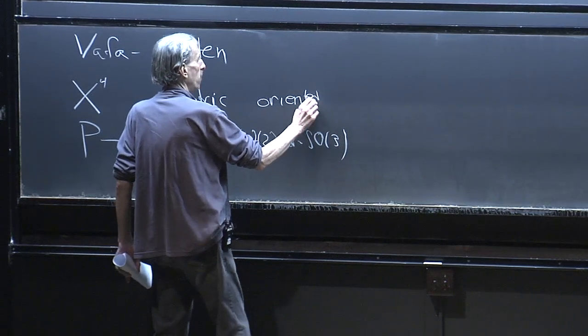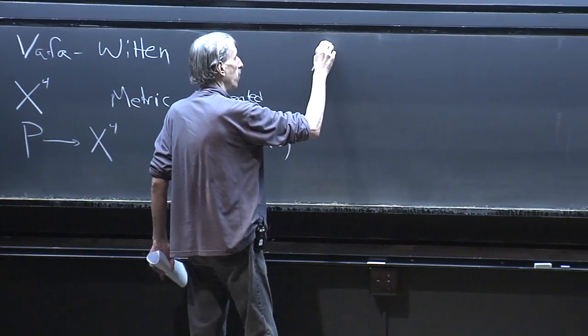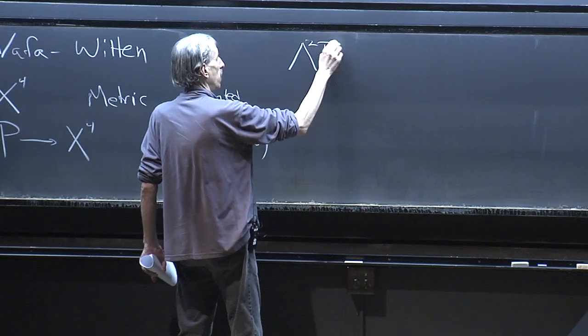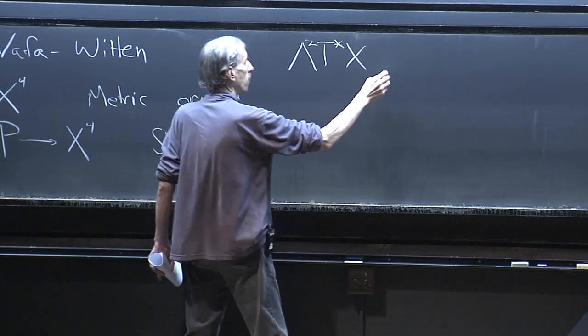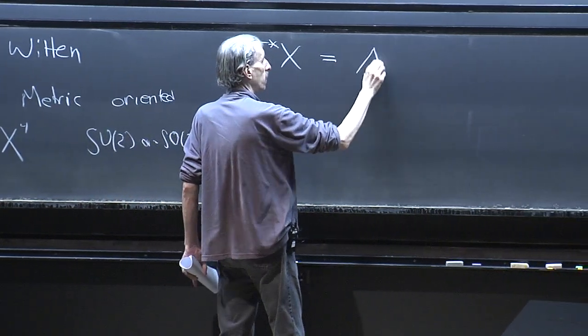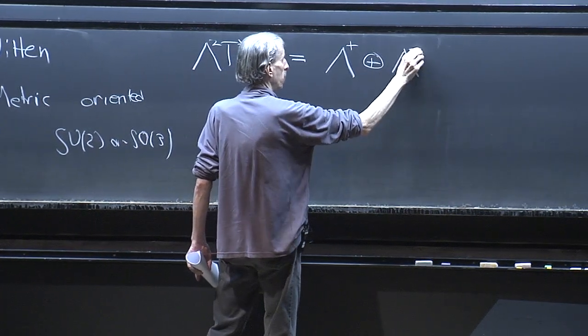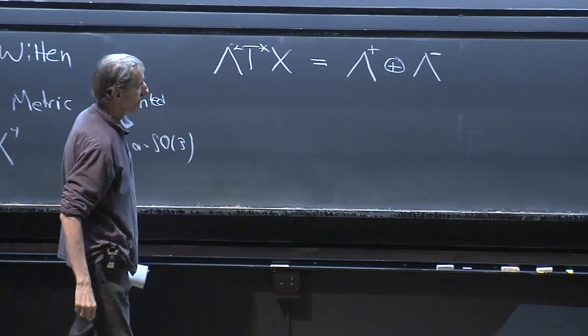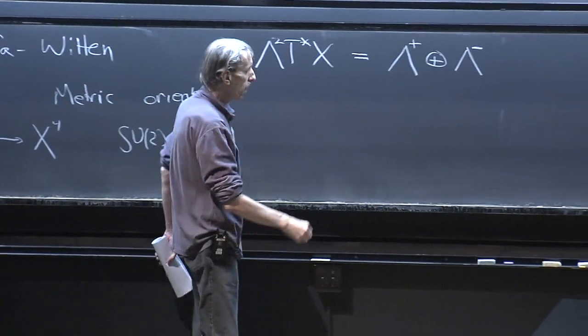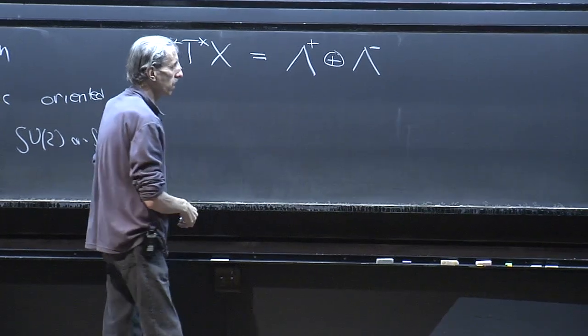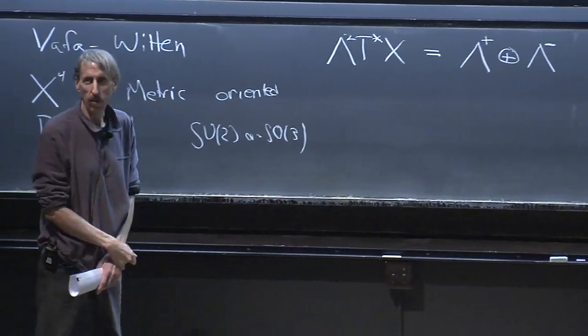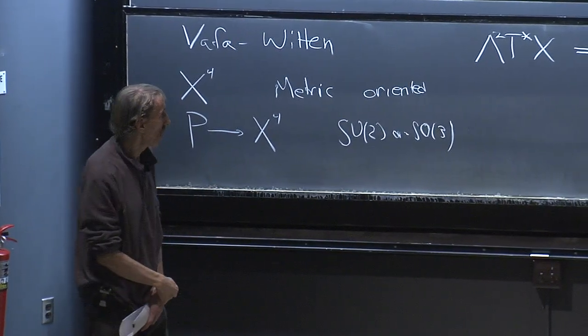And so if you have a metric, then a bundle of 2 forms on X decomposes into what are called the self-dual 2 forms and the anti-self-dual 2 forms. You have the Hodge star operator, and these are the plus eigenspaces, and the other ones are the minus eigenspaces of the Hodge star.